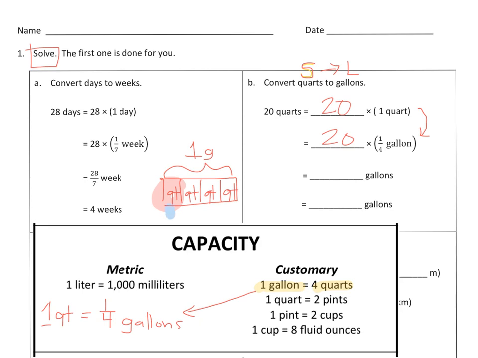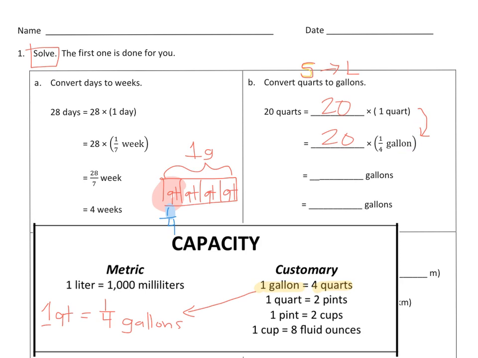That fraction represents 1/4. So this 1 quart piece right here is actually 1/4 of the whole entire gallon. And so that's how they got the conversion to 1/4.